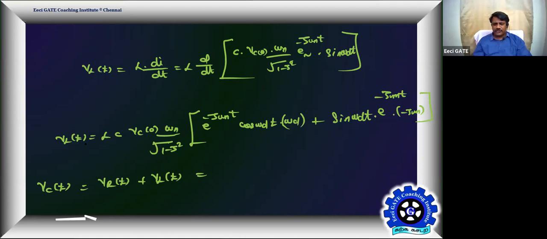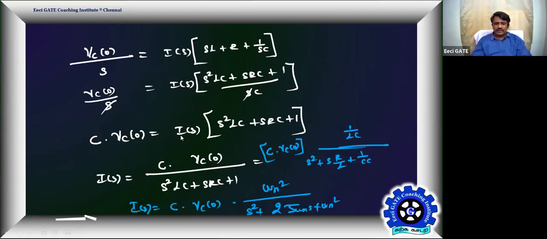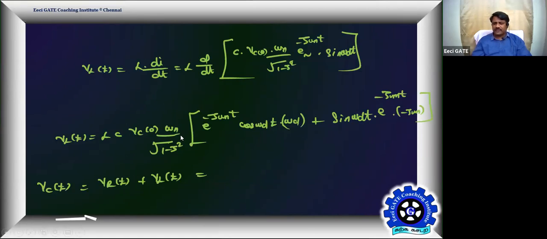Okay, so try this on your own. You need to simplify this and then get your result. So that's your voltage across capacitor. We'll add them. So VC of t is equal to, what is VR of t?